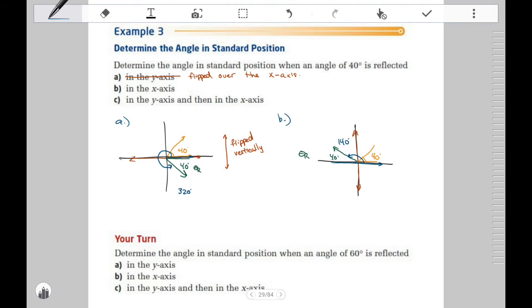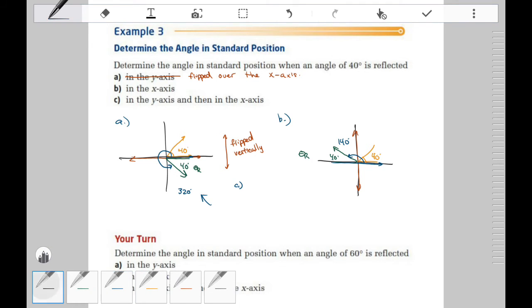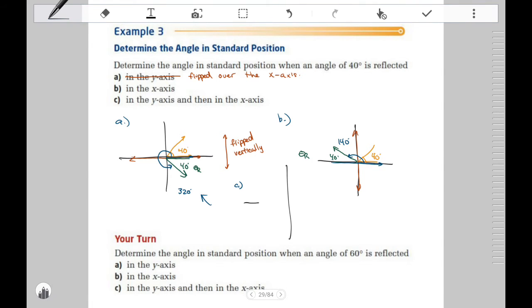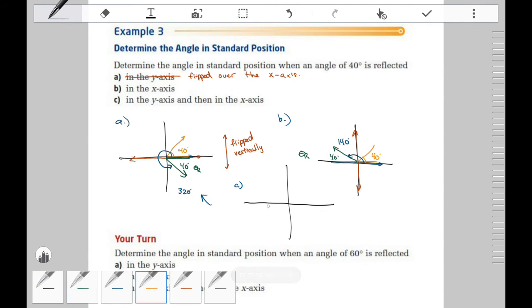For C, it's flipped over the y-axis and the x-axis, so it's made into this position and then flipped over the other axis. So it's in fact flipped over both axes. From here, we can see that this angle is going to be flipped into this position down here.